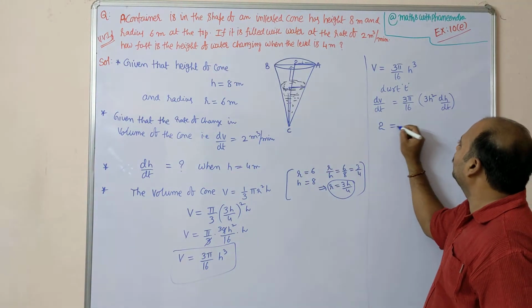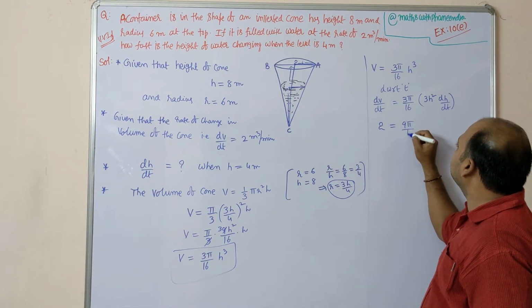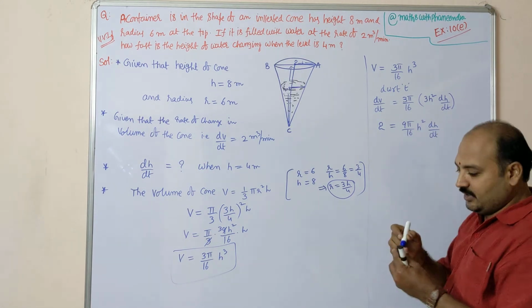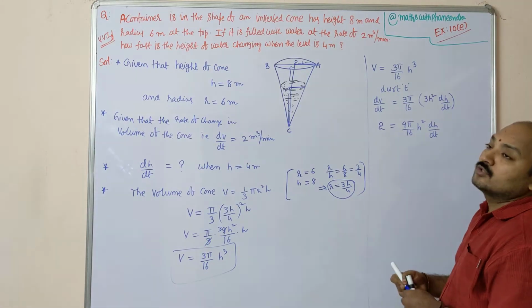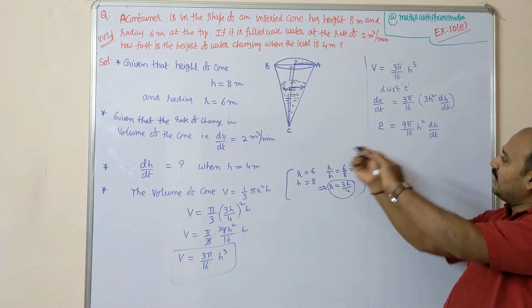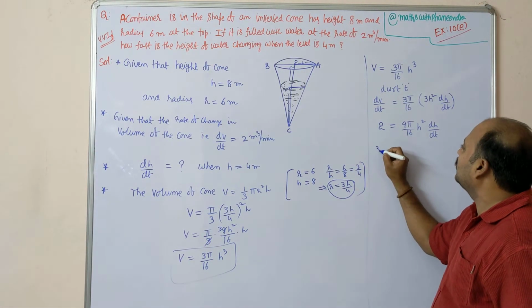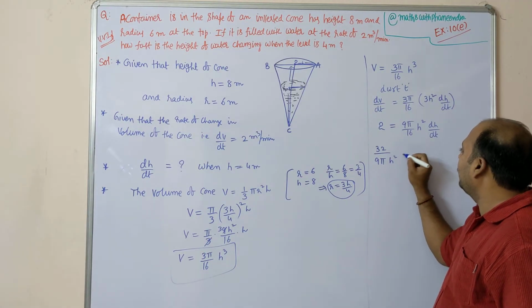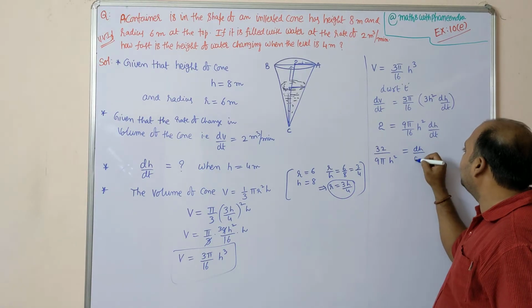So 2 equals 9 pi by 16 into h squared dh by dt. Except dh by dt, I am taking the rest to the other side, so 16 into 2 is 32 by 9 pi h squared equals dh by dt.